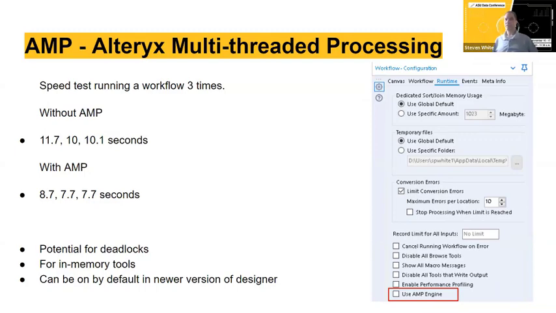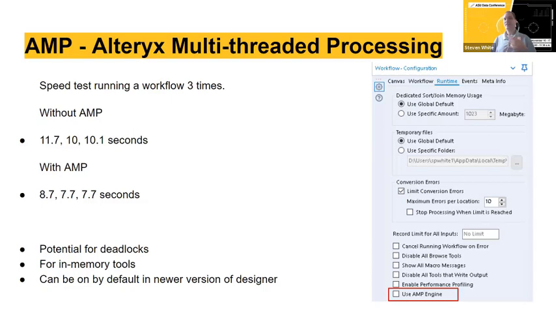But I did run into one potential issue, which is called a deadlock, where the engine had trouble reconciling the different threads that it was running. Essentially, there are certain situations where Alteryx tries processing multiple streams at the same time, but when it gets to a certain point in the workflow and is trying to reconcile those, it can't figure out how to do it.